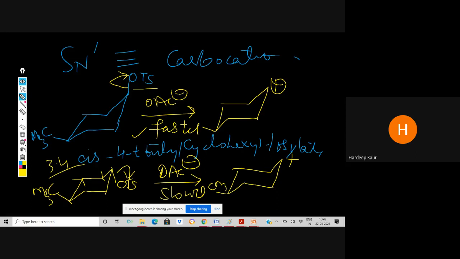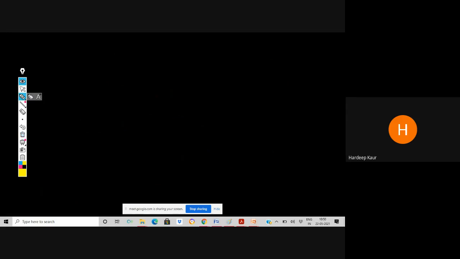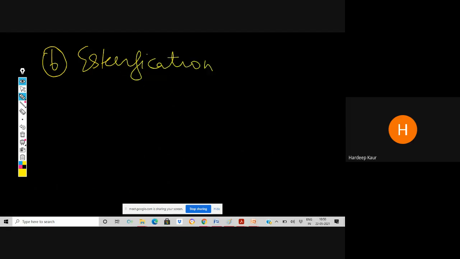So next is the cyclic compounds, another example, that is of esterification and hydrolysis. हाँ जी, esterification क्या होती है? ester की formation होनी है। Yes, ester की formation होनी, ठीक है?